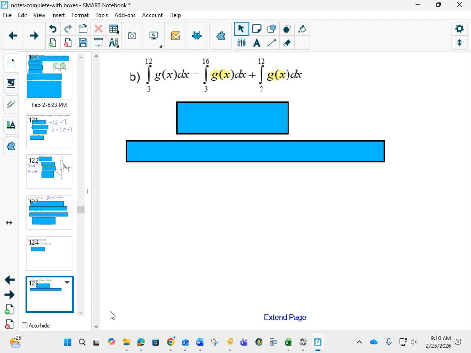Technically, there was something in our property that we did not need to have. It's just intuitive to think of it that way. When you go from the area from A to B, that's going to be split up if you have a point in between, the area from A to C and then C to B. C did not have to be in between. Check this out.